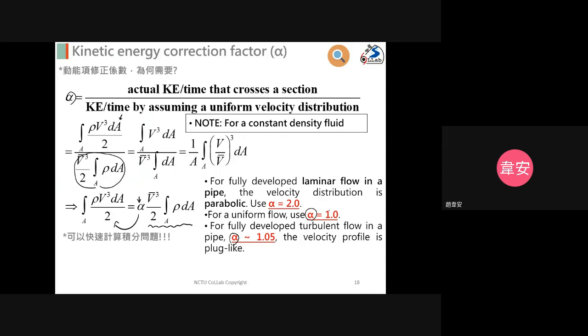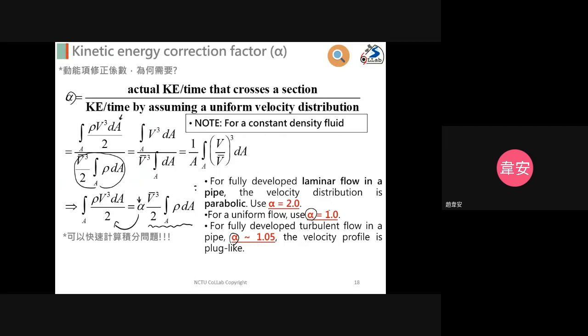Okay, so what is the idea? I'll emphasize again, alpha is used as the correction factor.